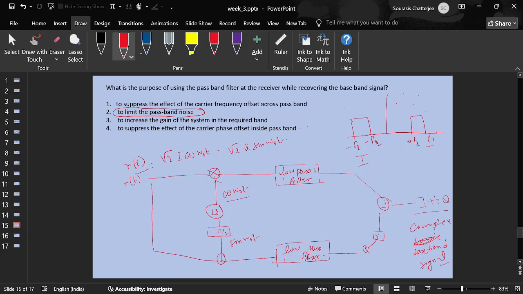So what is the requirement to limit the passband noise, because my signal is already in that passband only, right, centered around some carrier frequency f naught. So why we need to filter out the noise at that particular passband? Is not the noise also supposed to be in that band only?